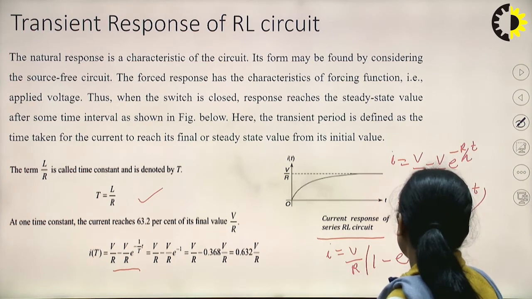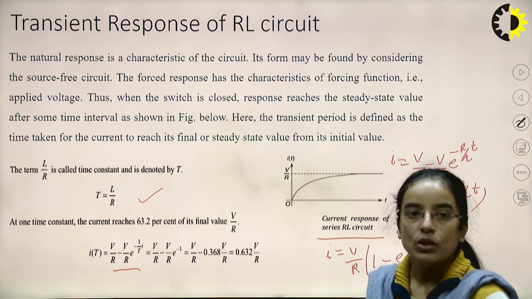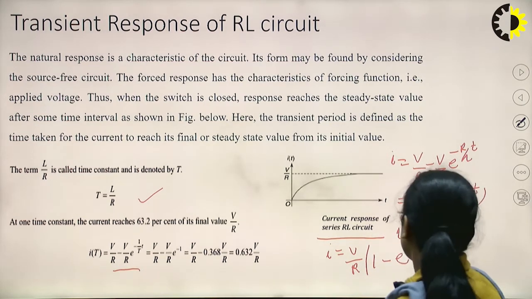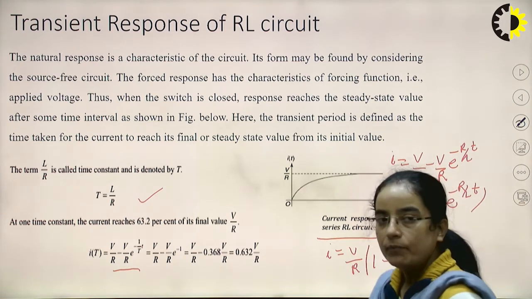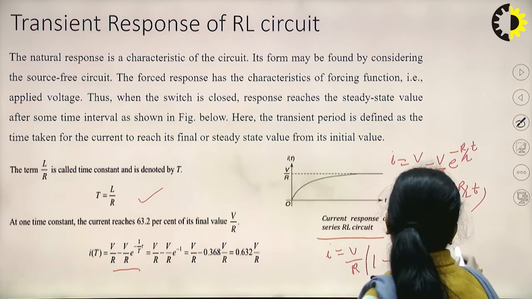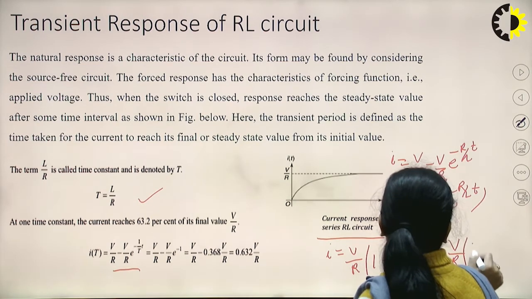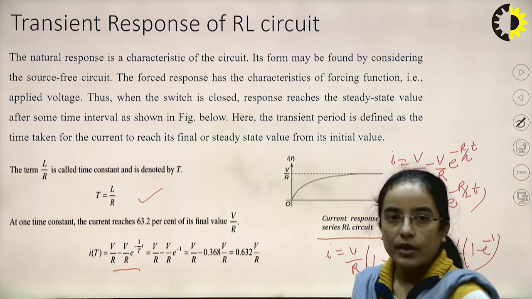Sometimes we write the time constant as tau also, so V by R e to the power minus T by tau. So if time is equal to the time constant, we will have V by R (1 minus e to the power minus 1).